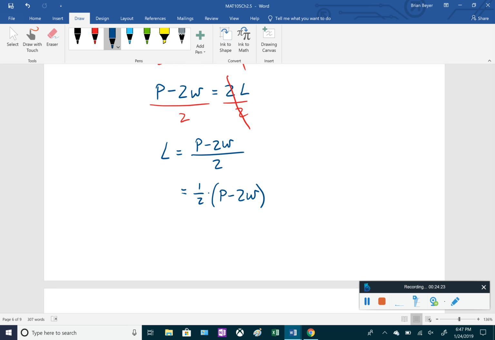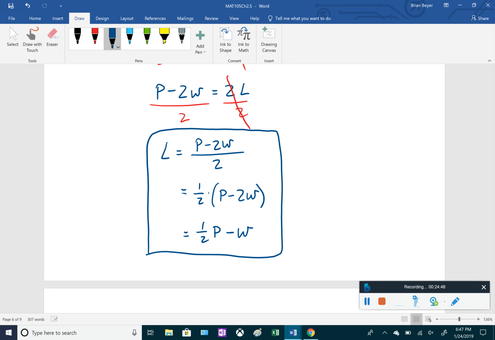Or we can distribute that. If we distributed that 1/2, that's going to be 1/2 P minus, so we have 1/2 times 2, which is 1. So we're just left with the W. So we actually have all 3 of these different forms that all mean the same exact thing. So either one is 100% acceptable.